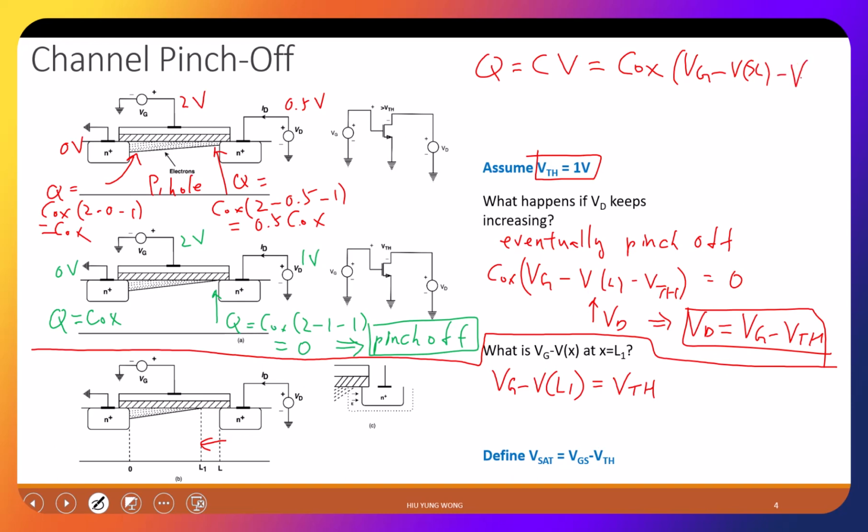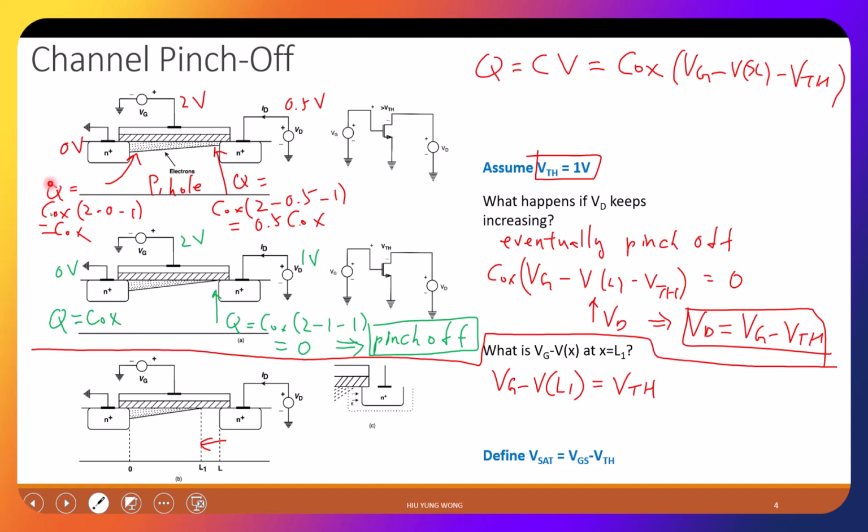And then we also subtract the threshold voltage because we only care about the mobile electrons. We don't care about the depletion charge, which is immobile, right? Because when the difference is just equal to VTH, then you are just able to invert it. There's no electron. You just turn it off.